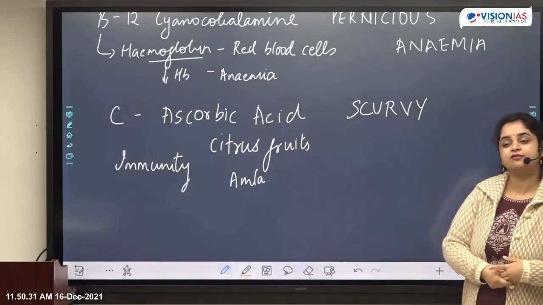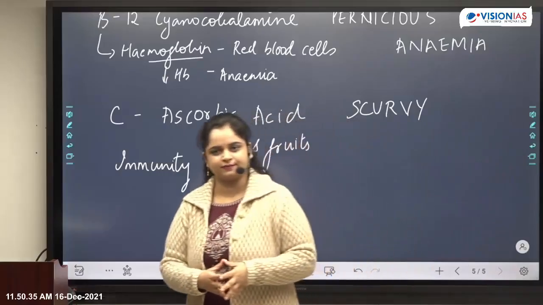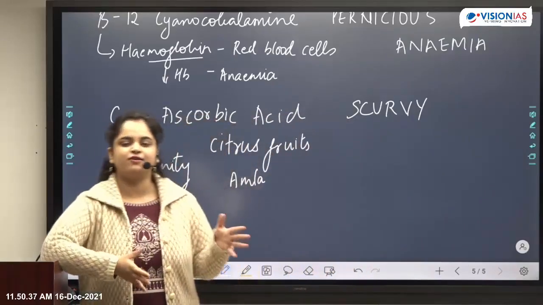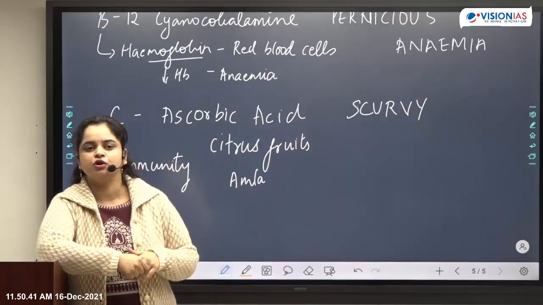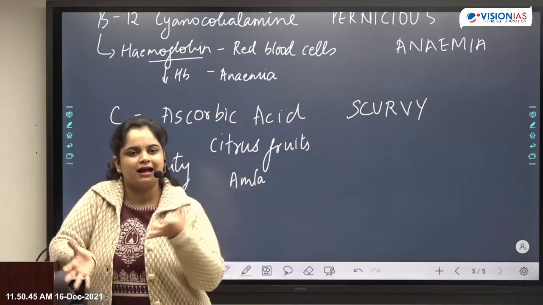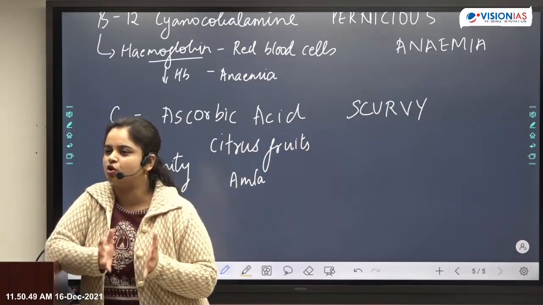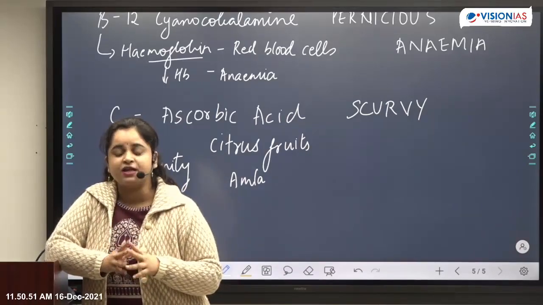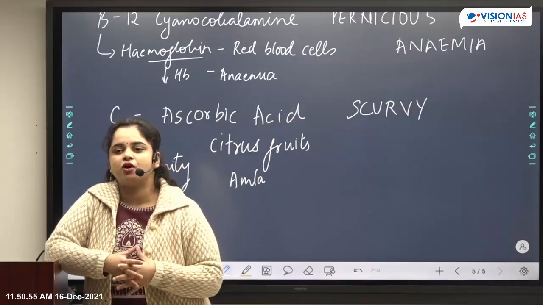How it was identified was that when people were going on long voyages, like traveling from one continent to the other, it would take months, sometimes years also. So the main food which they were carrying would be bread and meat. So that means carbohydrates, fats and proteins. That's all that they had. There was no way for them to get any vitamins or minerals.